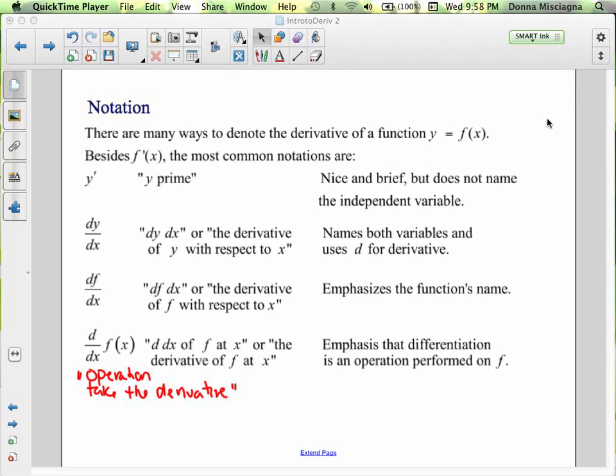What it is saying is take the derivative of f of x with respect to x. So the emphasis is that differentiation is an operation performed on f. You do need to know the different ways to notate derivative. And when you see d dx, that's a verb. That means take the derivative.